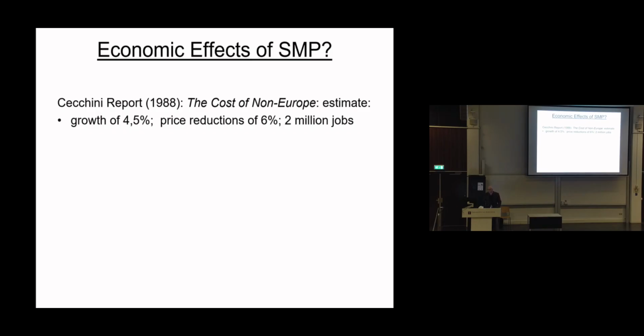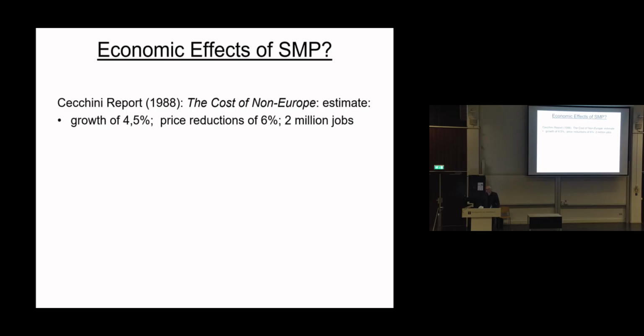All right, now, how about this single market program that was launched? Well, how successful was it actually, all these proposals to reduce the trade barriers between countries, to make it easier for labor, capital, services, and goods to go across the border? Well, actually, the single market program was very successful.